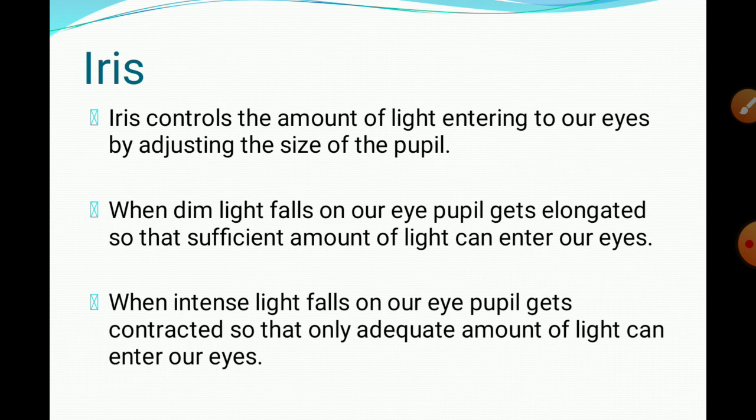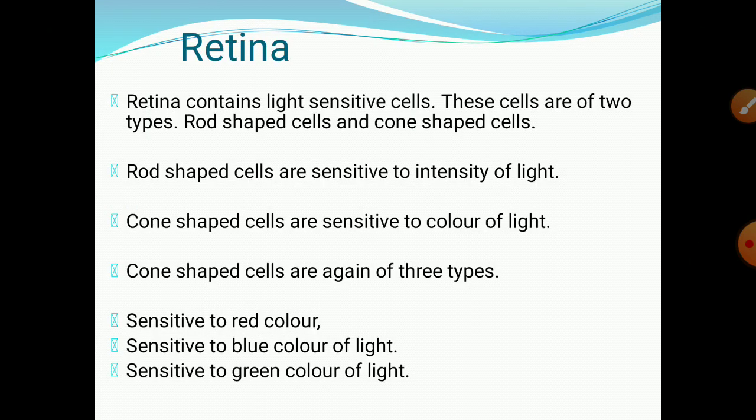Whereas when intense light falls on our eyes, the size of the pupil gets contracted, reduced, so that only an adequate amount of light can enter our eyes. So in this way, by controlling the size of the pupil, the iris regulates the amount of light entering into our eyes.